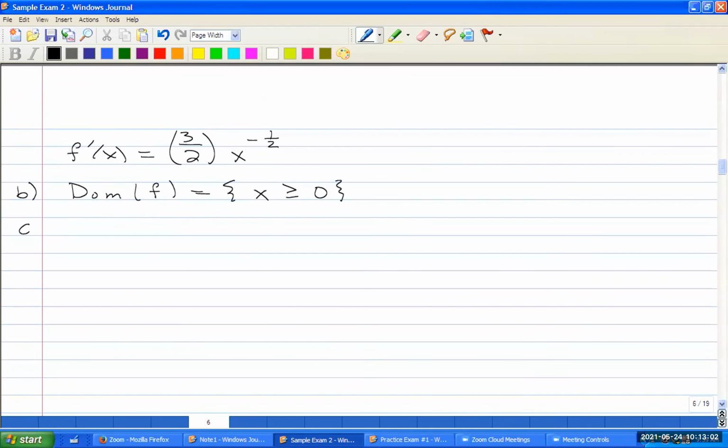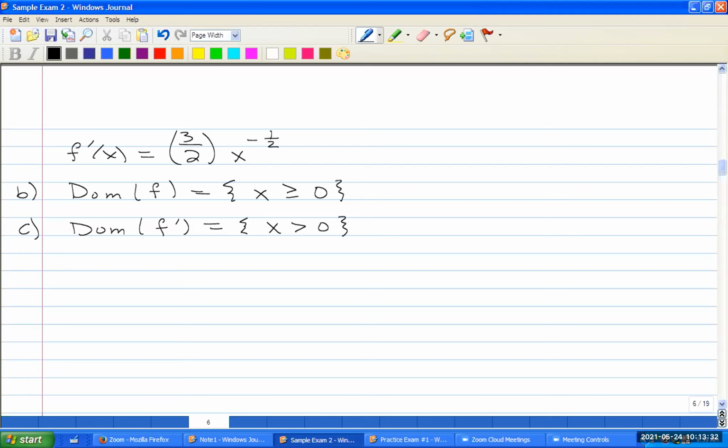The domain of my derivative, well, again, you don't want to take the square root of negative numbers, but you also don't want to divide by 0. And so you want x to be greater than 0.